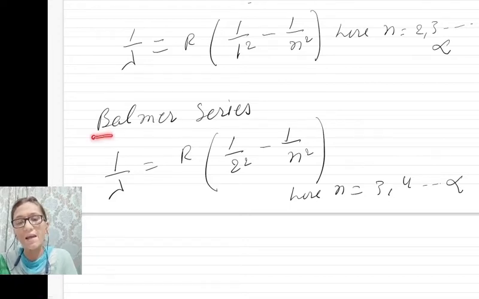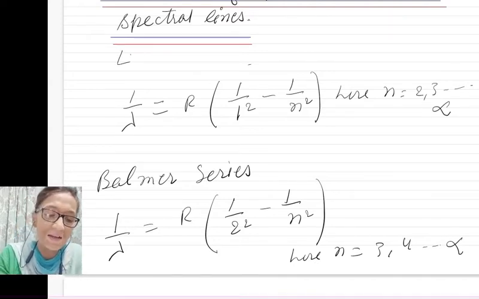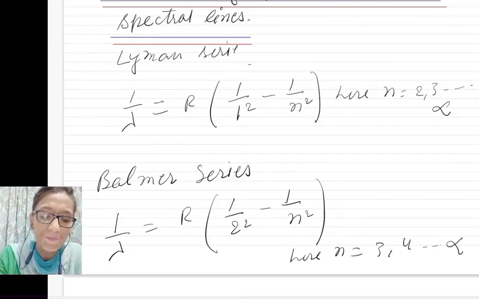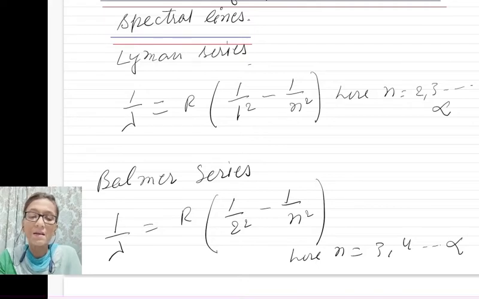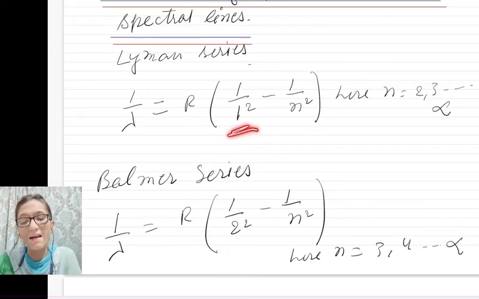In this way of finding wavelength in Balmer series, you can have so many other series like Lyman series. In Lyman series, the format of the formula is same, but instead of writing 2, you will be writing 1 here, and the number will start from 2 and go up to infinity.